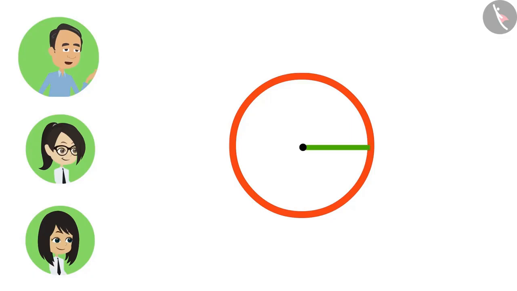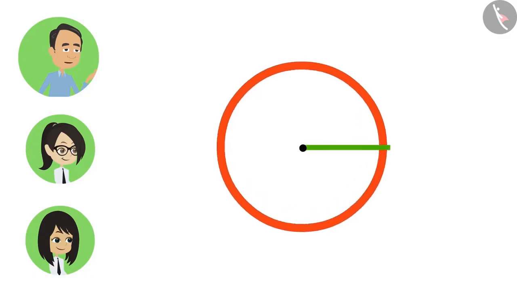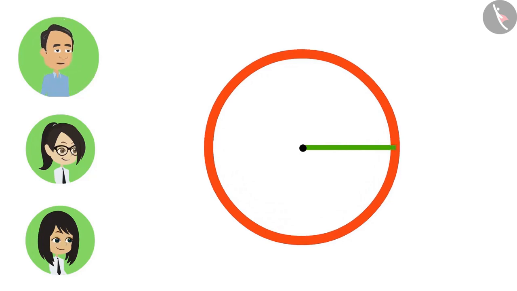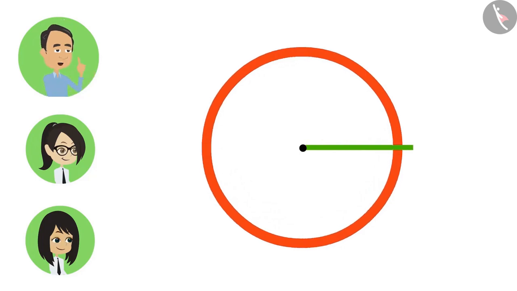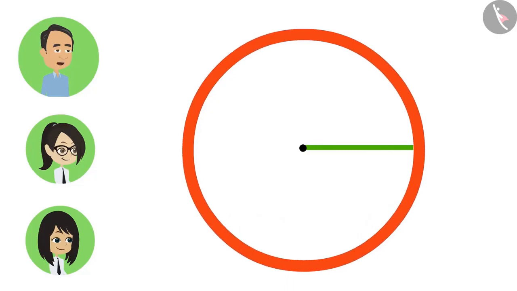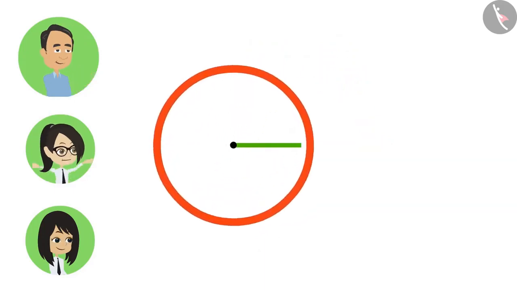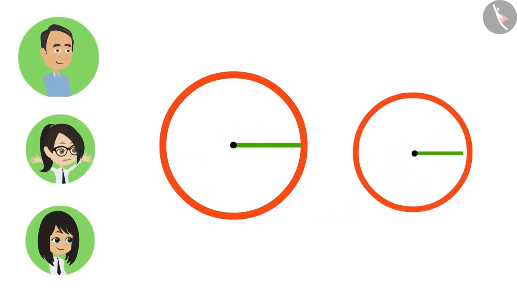Now we will increase this radius. And look, we have now got a big circle. Now if we increase this radius further, we get an even bigger circle. Now if we decrease this radius, then we will get a small circle. Larger the radius, the larger the circle, and smaller the radius, the smaller the circle.